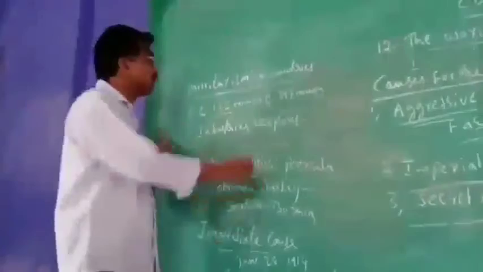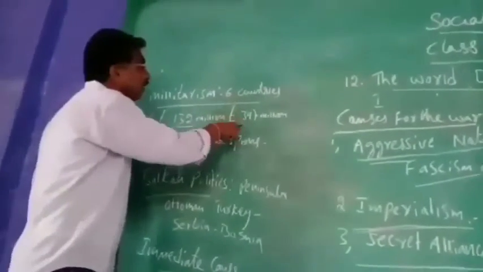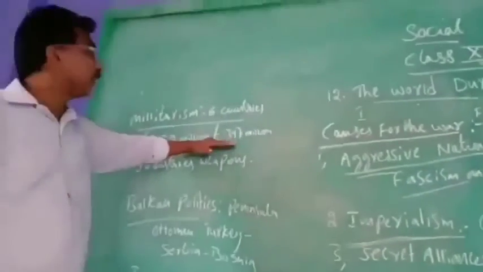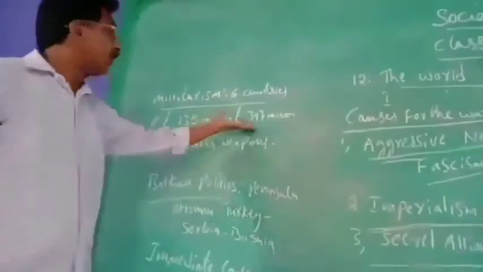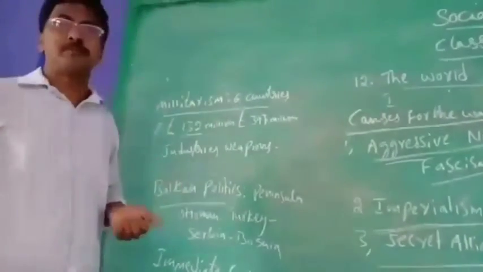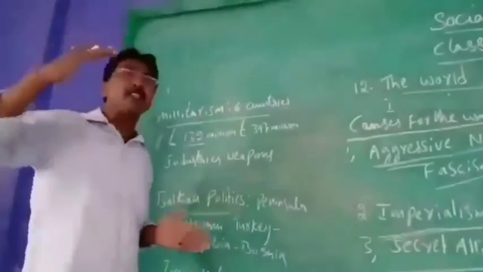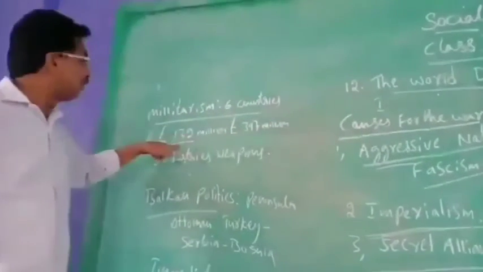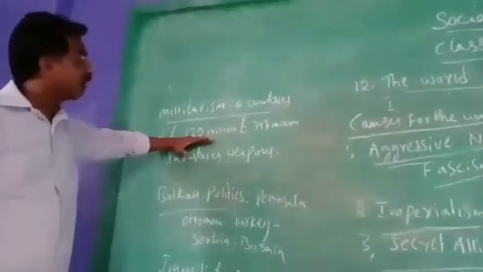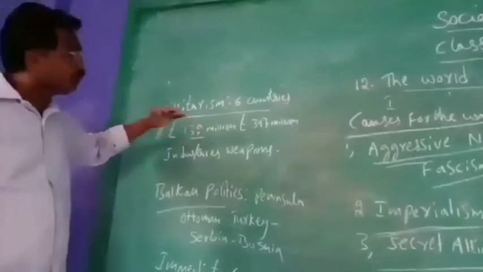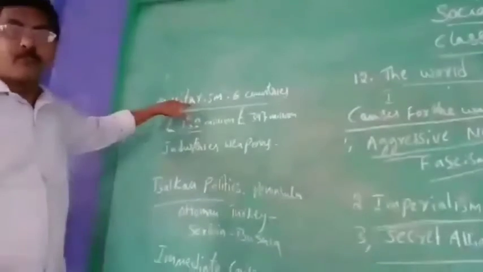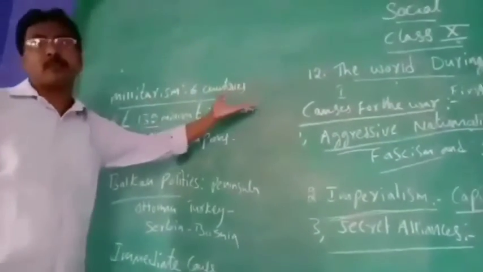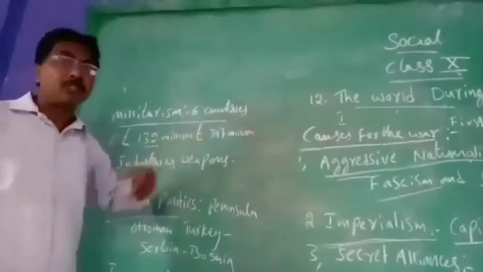They increased the spending to 397 millions. They increased the income for the military, from only 132 millions up to 397 millions for the military purpose. So this is also one reason.